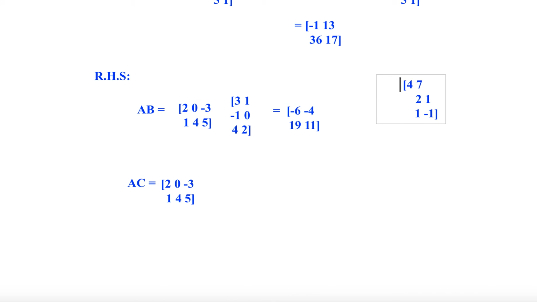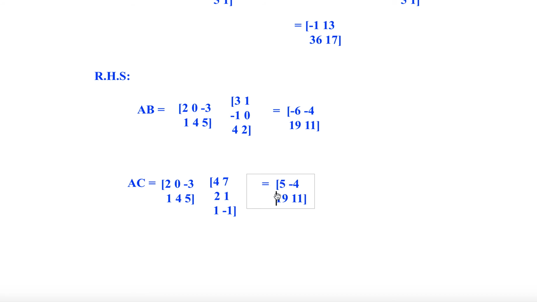This is C. The sizes are similar, 2 by 3 and 3 by 2. Now you will get a 2 by 2 matrix only. Let's do the multiplication for the first row, first column element: 8 minus 3, that is 5.